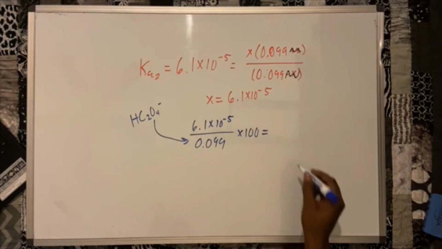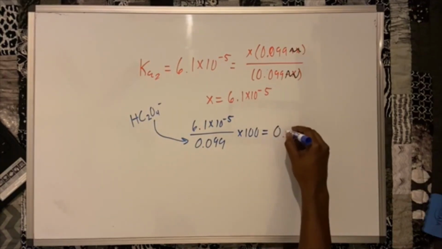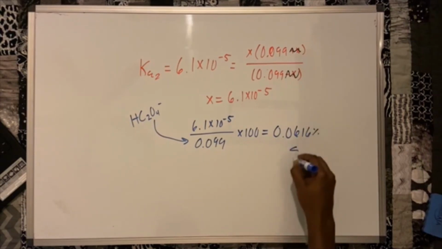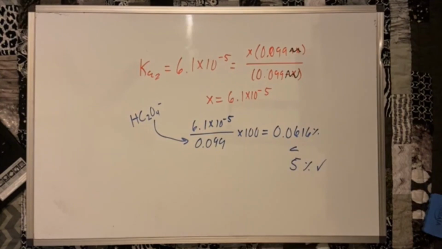When you do that, you get 0.0616%, and that is definitely less than 5%. So we are good. Back to the magic.